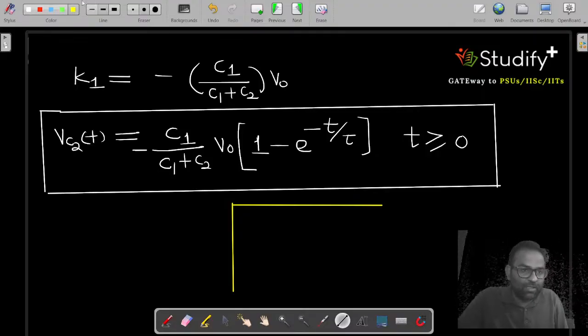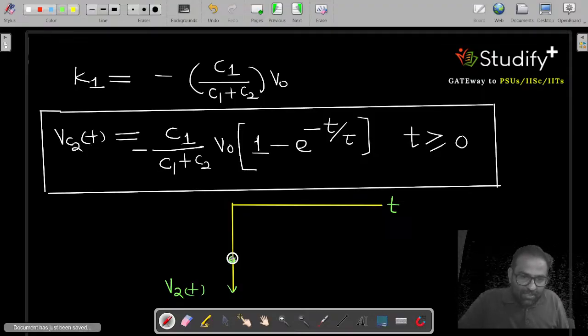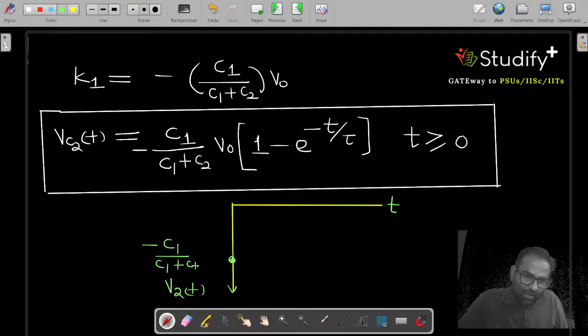And if I represent this by V2T, then can I say at T equal to 0, the voltage we are having is minus C1 divided by C1 plus C2 into V0.